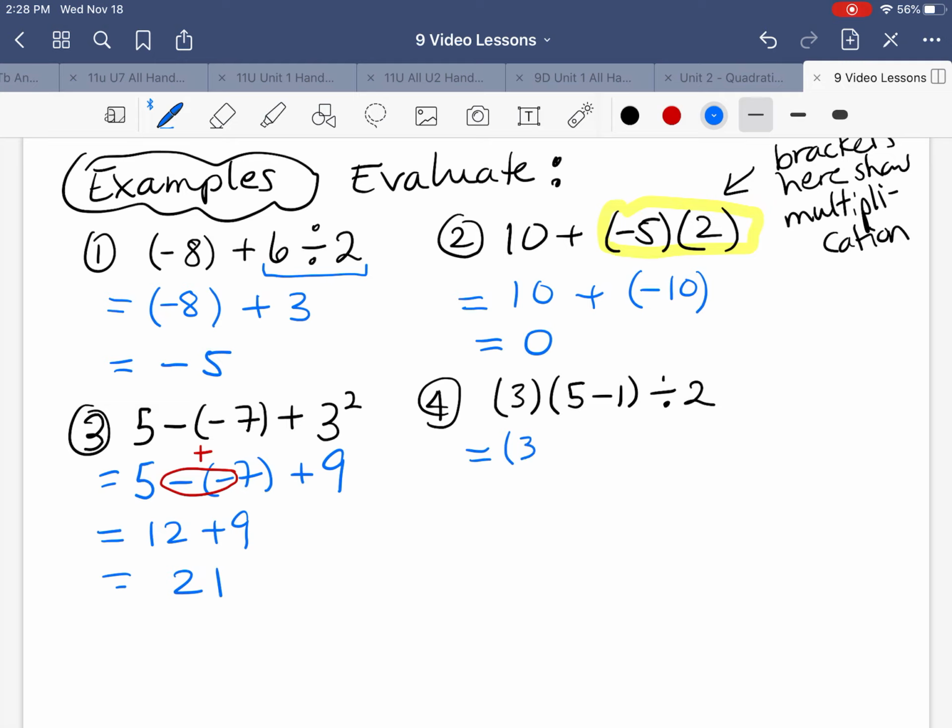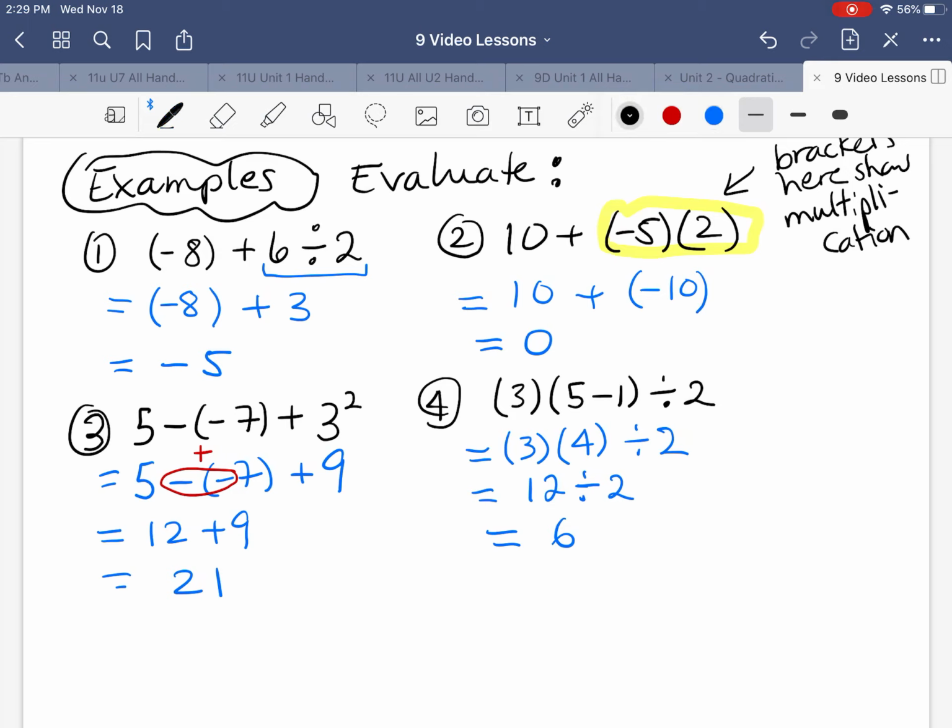So we have to do that subtraction in the brackets before we can do anything else. So 5 minus 1 is going to give us 4. And then we have multiplication and division left, and we want to go from left to right, so we're going to do multiplication first, which gives us 12, and we do our division last, and our final answer is 6.